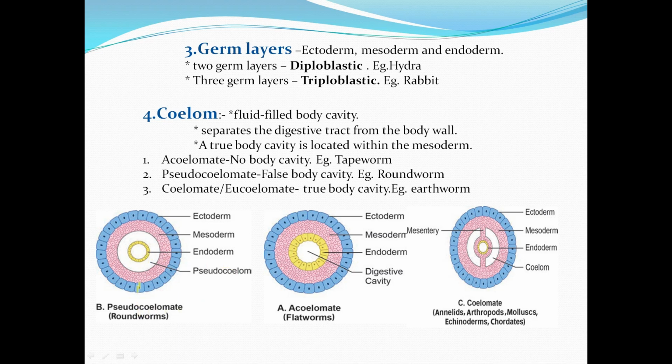In the pseudocoelomate, the coelom is present next to the endoderm, whereas in the eucoelomate, the coelom will be present in the mesoderm. On both sides of the coelom, the mesodermal cells will be present. Whereas in the acoelomate, there will not be any body cavity, it will have only the digestive cavity.